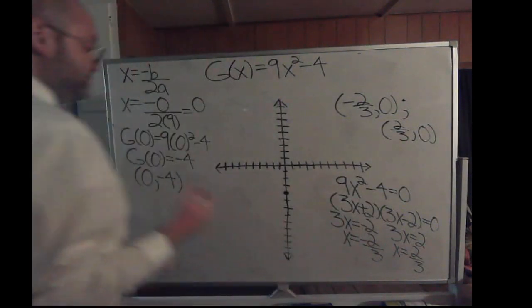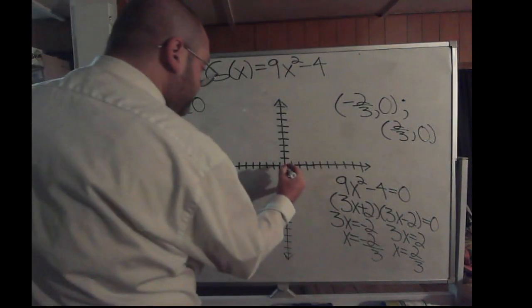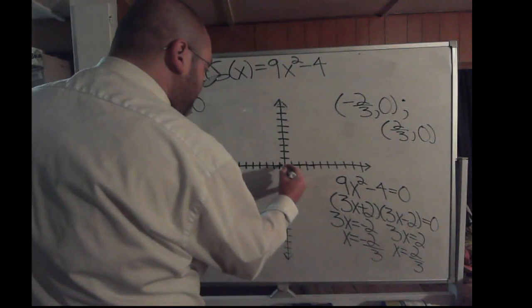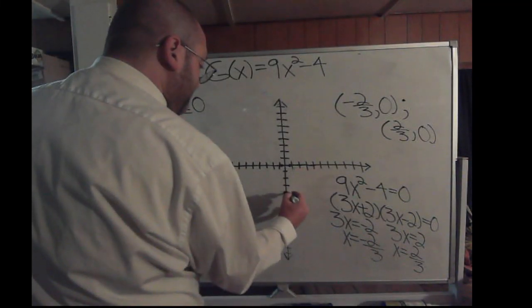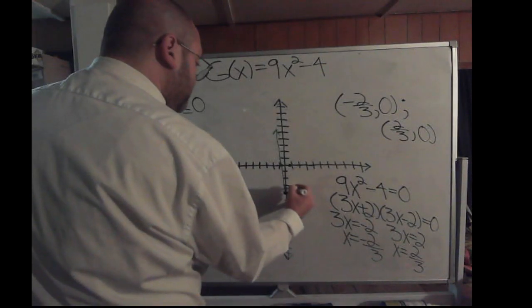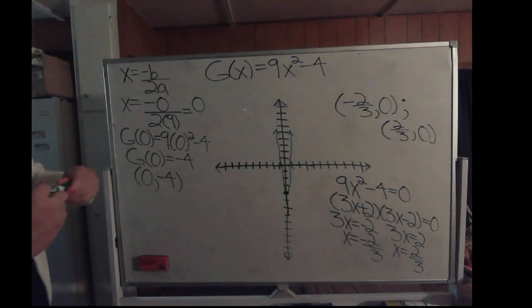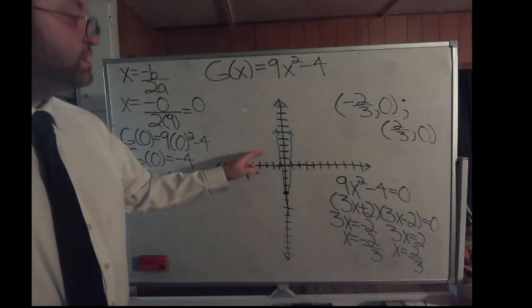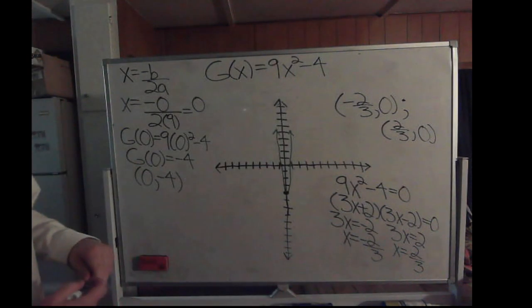Those are your x-intercepts, so now we can go ahead and plot those. Negative 2/3 is about right there. Positive 2/3 is about right here. It's going to be a little bit more of a closed parabola, but that would be the graph of g of x equals 9x squared minus 4.